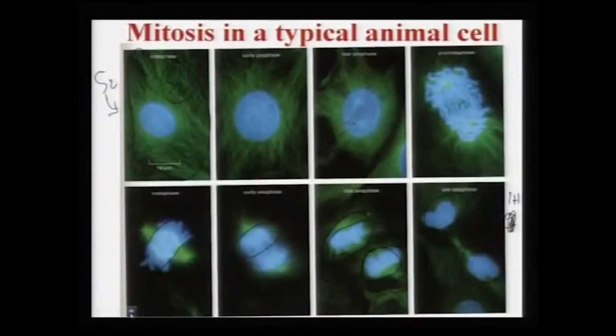As I mentioned earlier, G1 can be a variable phase, S can typically be 7 or 8 hours and G2 can be 1 to 2 hours. So, 8 plus 1 plus 2 means almost 10 to 11 hours. The rest of the time the cell spends in the mitosis M phase, and therefore you can understand that mitosis is a small time frame when you consider the longer time frame of the cell cycle.